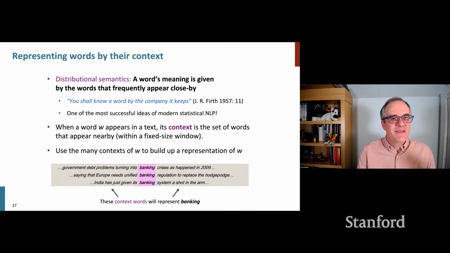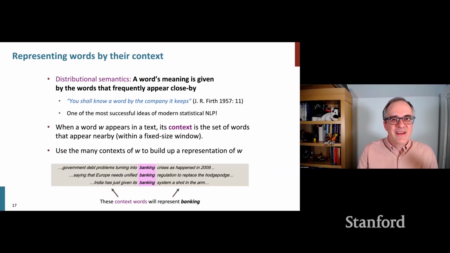Okay, and the way we do that is by exploiting this idea called distributional semantics. So the idea of distributional semantics is, again, something that when you first see it, maybe feels a little bit crazy, because rather than having something like denotational semantics, what we're now going to do is say that a word's meaning is going to be given by the words that frequently appear close to it.